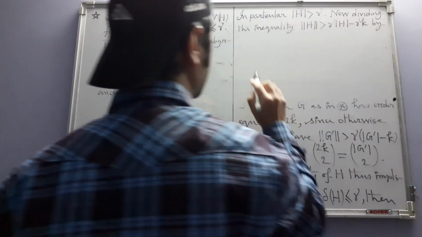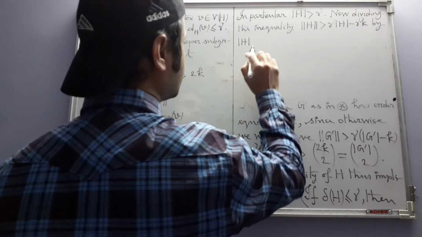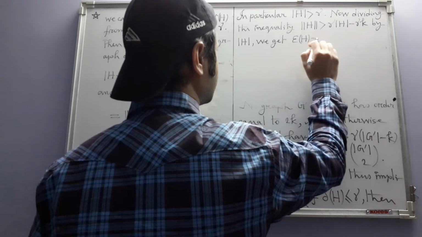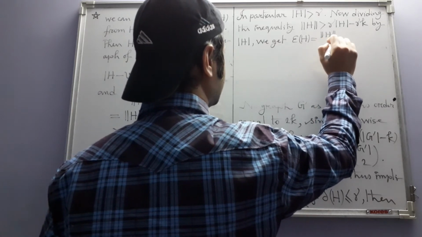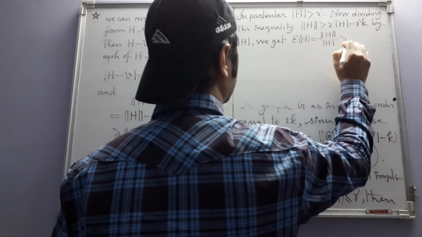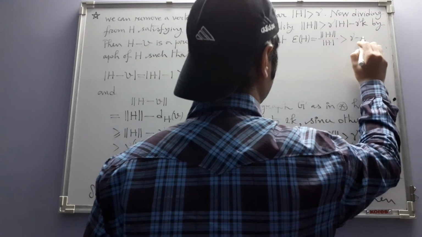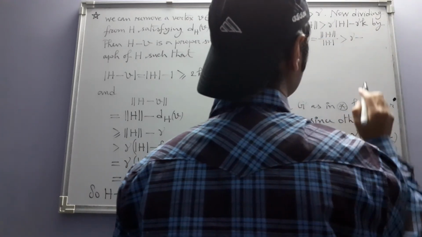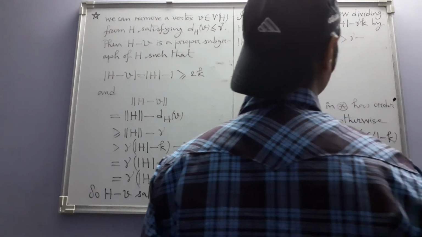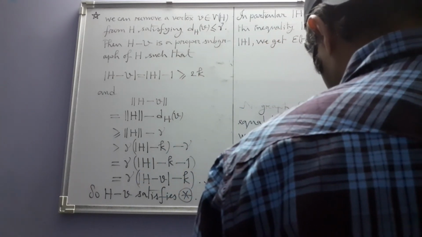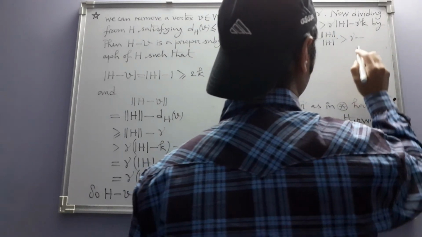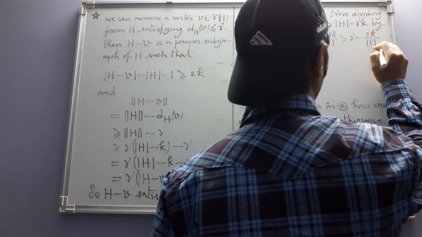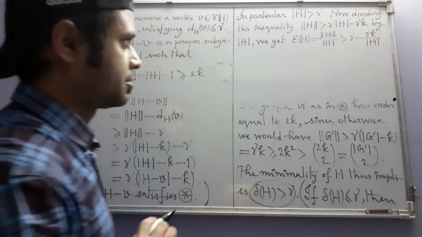By order of H, we get epsilon of H, equal to number of edges in H divided by number of vertices in H, that is greater than gamma minus gamma k divided by order of H. Actually, we get this.